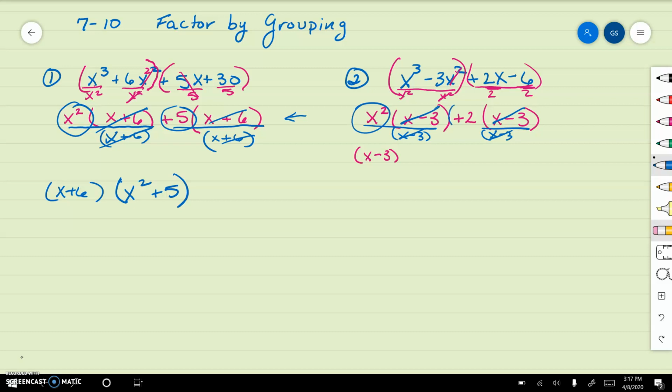What I'm left with is x squared plus 2. So this is your answer: x minus 3, x squared plus 2. All right, let's do another one.